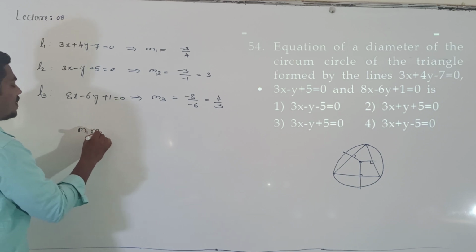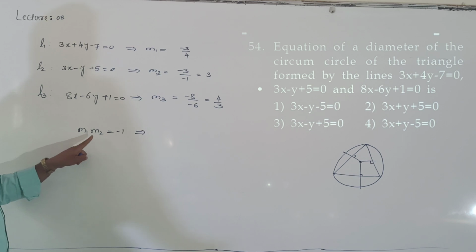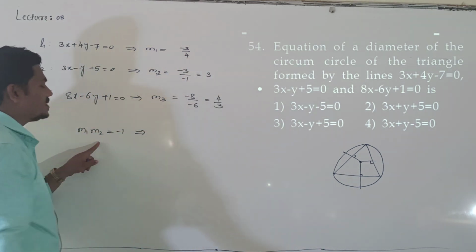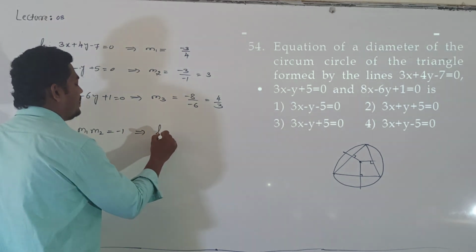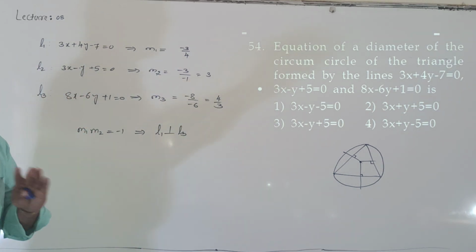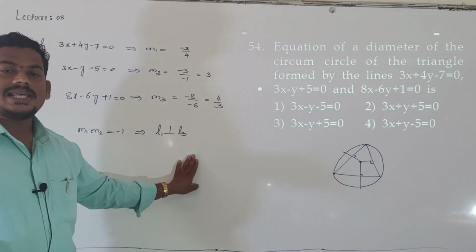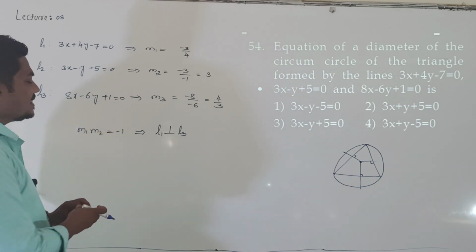M1 into M3 is clearly minus 1. If you multiply these two slopes, clearly you get minus 1. Product of slopes equal to minus 1 means L1 is perpendicular to L3. Clearly it is a right angle triangle. L1 is perpendicular to L3 means which one is the hypotenuse side? These two lines are perpendicular.